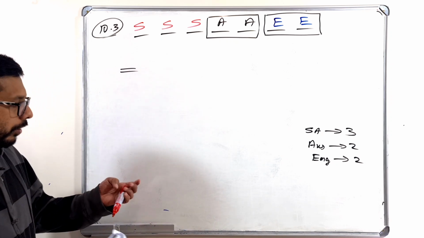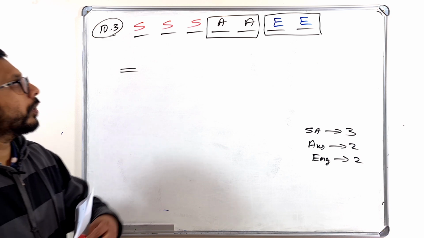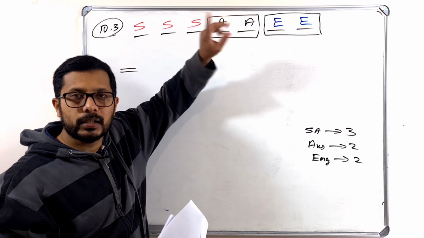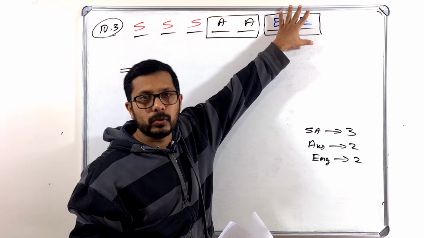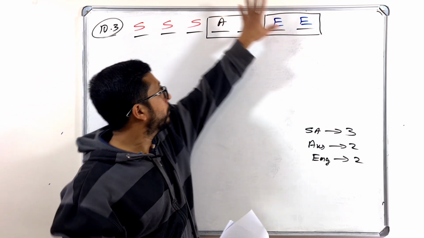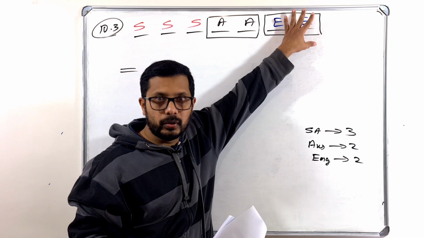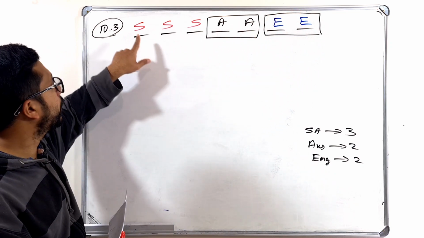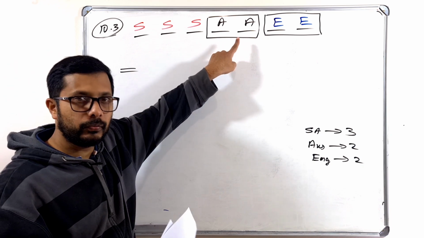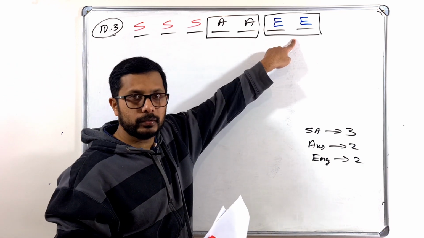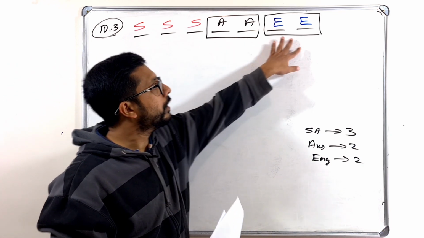First, consider this one as a single group, 1, and this also as 1. Count how many there are: 1 2 3 4 5. I consider this as 1, this also as 1.